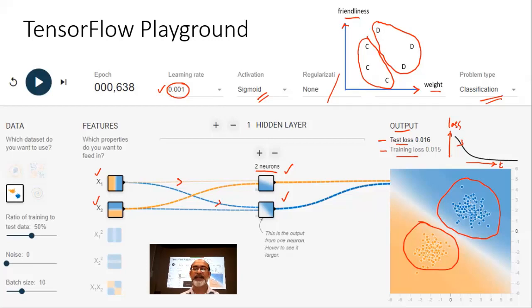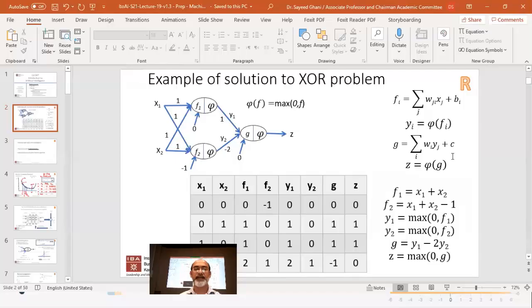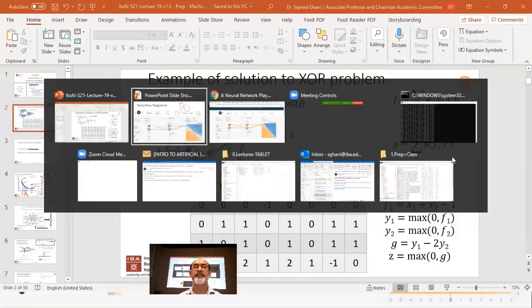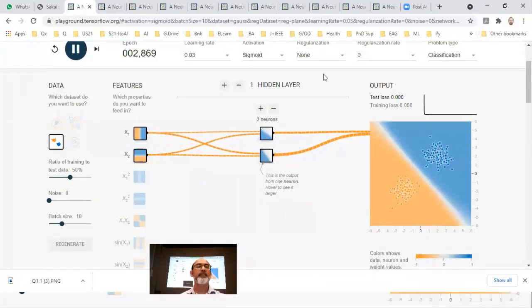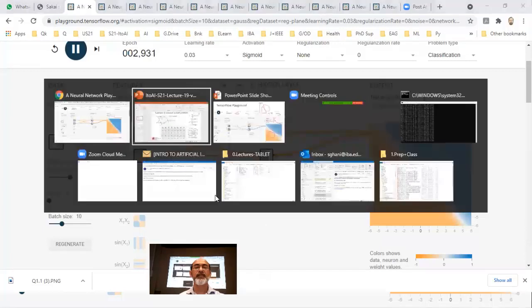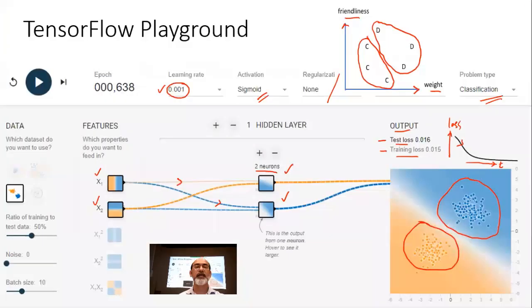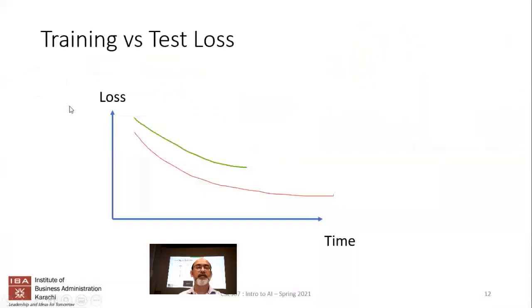Now, what exactly does that mean? Let's take a look at this graph showing training versus test loss. We're showing time on the horizontal axis, and vertically the loss.